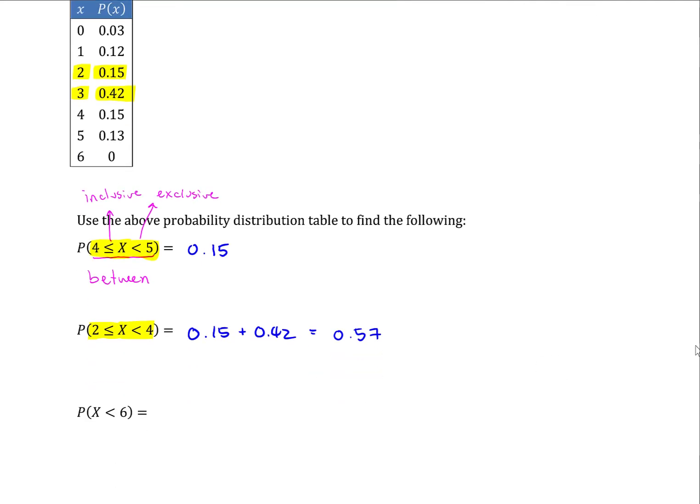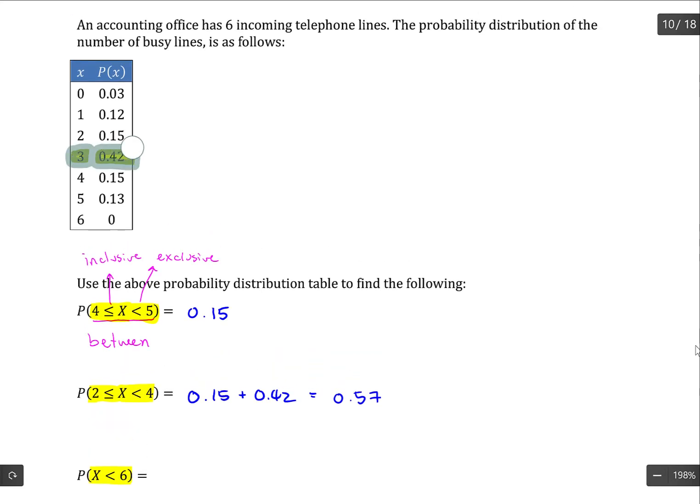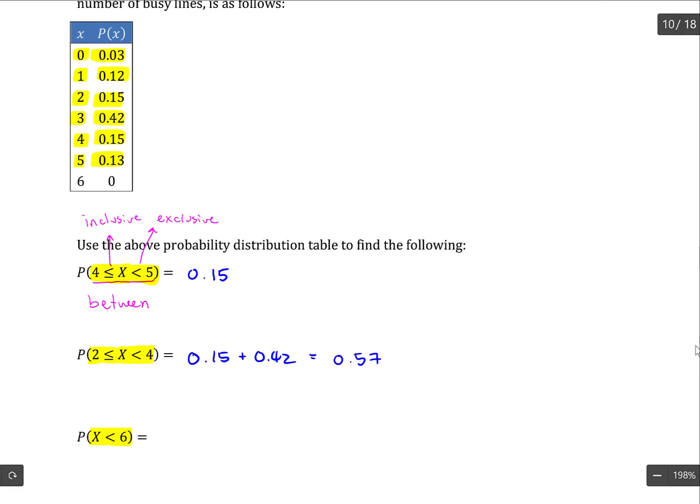The last question here wants to know the probability that x is less than 6. Well, if it's less than 6, then it could be any value that's possible in our sample space up to, but not including 6. So all of these probabilities here, we could add together, and that is going to be our probability.